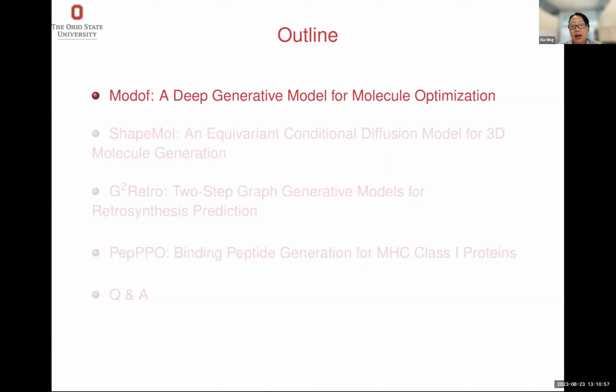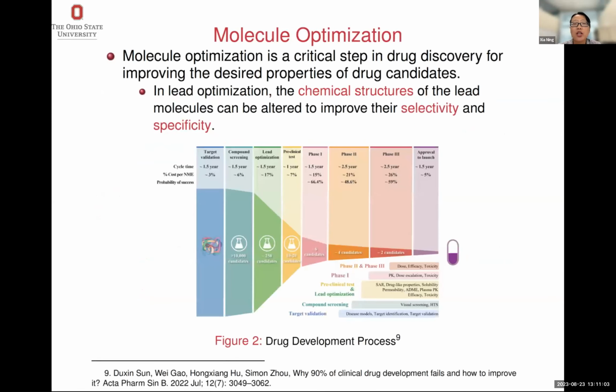The first work we have done is on small molecule optimization or small molecule generation. Small molecule optimization is a very important step in drug discovery. This figure is a very high-level summary of drug discovery, which starts from target identification and then large-scale screening to identify promising drug candidates.